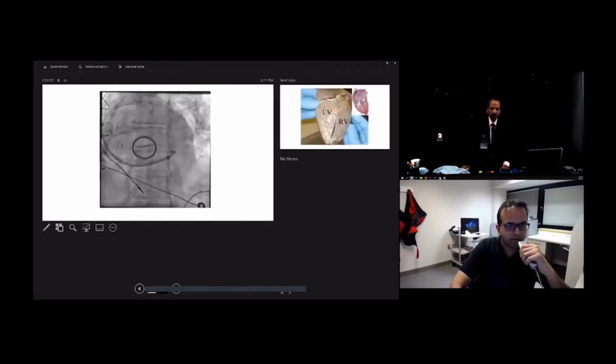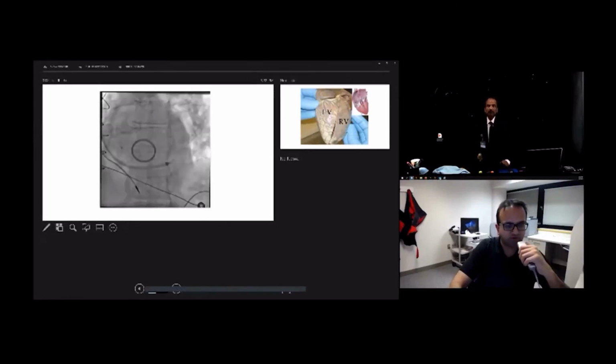So in this picture, at least you can see it is going very superiorly. I initially thought this could be the Thebesian vein, but certainly could be a vein which you pointed out, which could be following the left sinus nodal artery going along the roof of the left atrium. That is certainly possible.